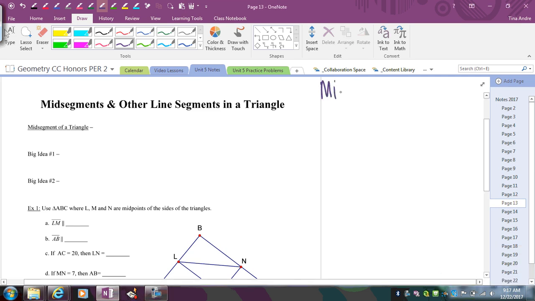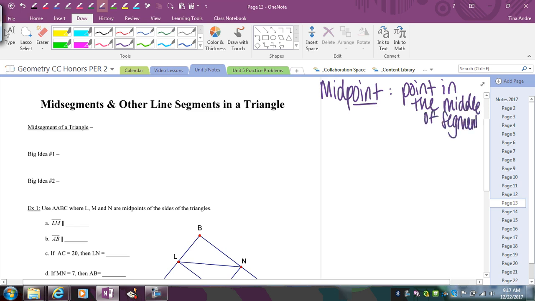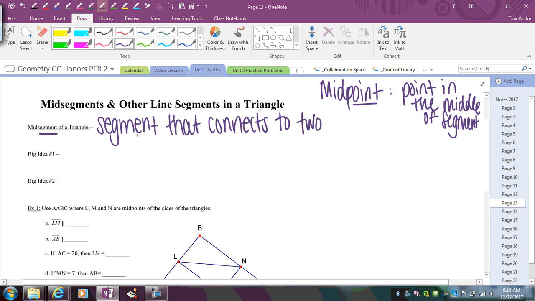A midpoint is a point in the middle of a segment, where a mid-segment has to be a segment that connects two midpoints. That's why you see the similarities in the words. Midpoint, they both have the mid part of it, so that's indicating the middle. So a mid-segment is a segment that connects two midpoints.